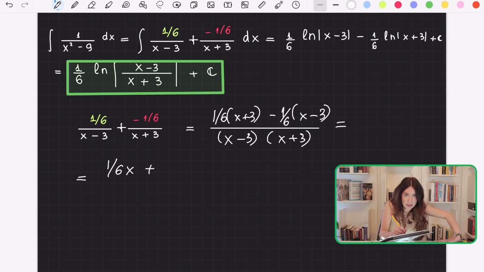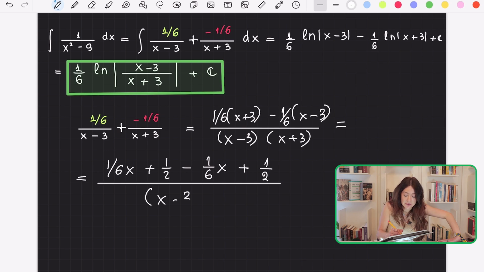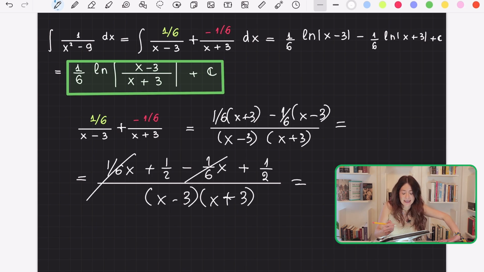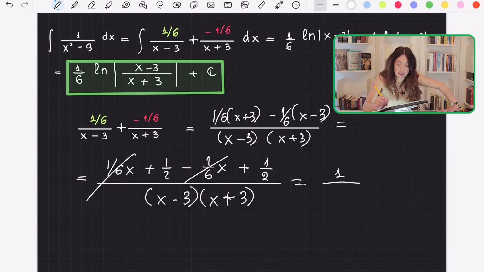Plus 3 over 6, 1 over 2 minus 1 over 6x plus 1 over 2. Okay, I was like, oh my goodness. All right, I don't know why I'm so nervous, but as one should be. Okay, so these get canceled, and 1 over 2 plus 1 over 2 is 1.